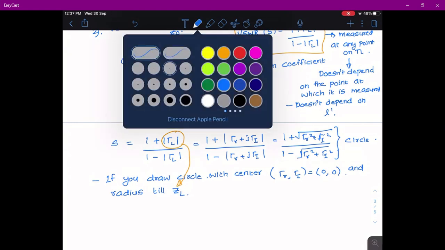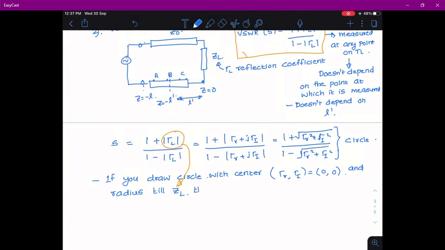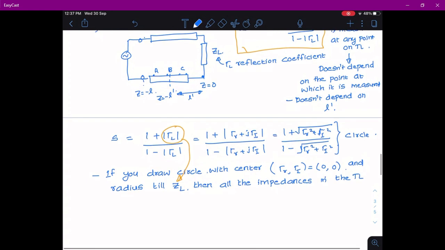Then all the impedances in the transmission line lie on this circle. That's a very important point.